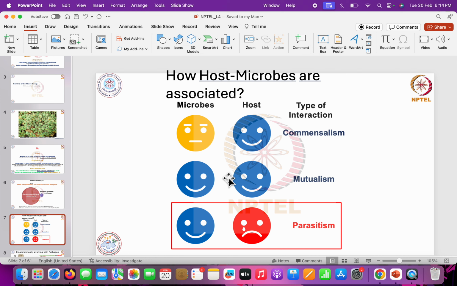And in parasitism, the host body or the human cells are getting infected or affected by those microbes. The microbes are happy because they are using our host cells, but the host cells are getting infected or affected.